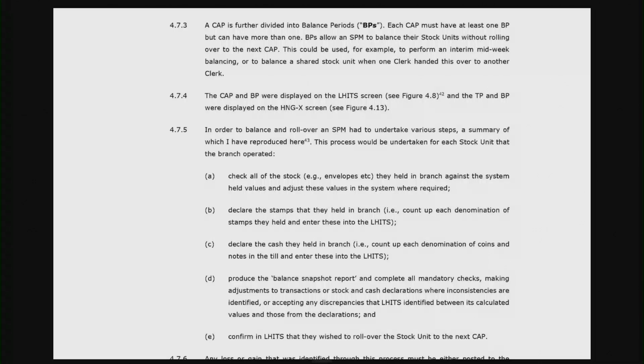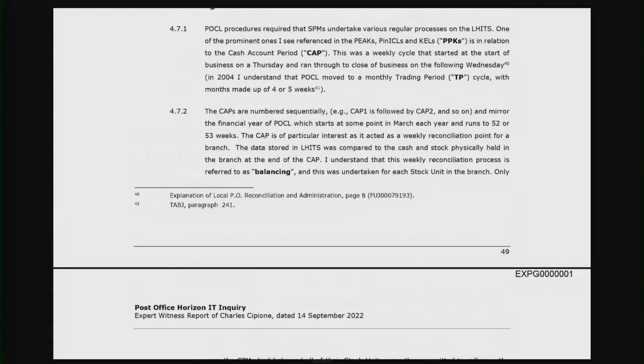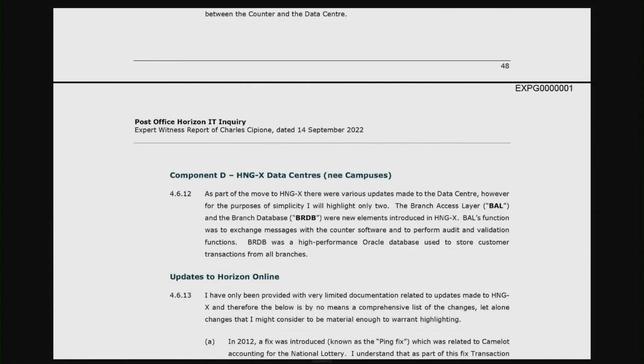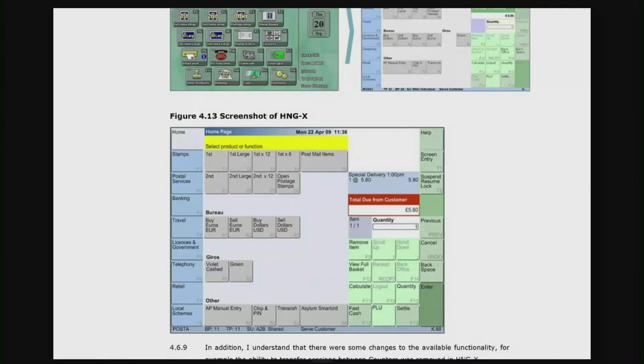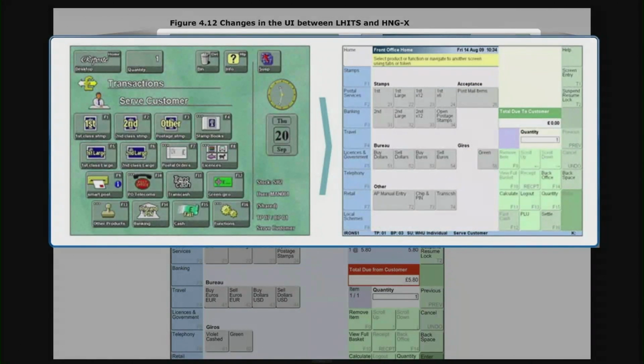Go back to page 48. And look at the table at the top of 48. The pair side by side. If you can highlight those, thank you.